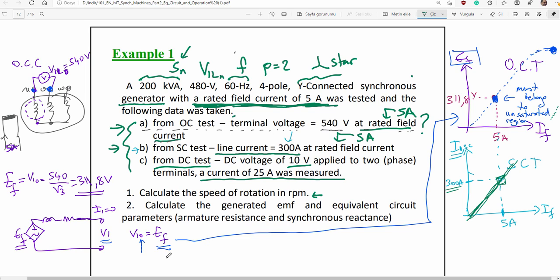For example, if you conduct a real short circuit on a system, there will be crazy currents, not 100 amps. There will be thousands of amps, for example 3000 amps.